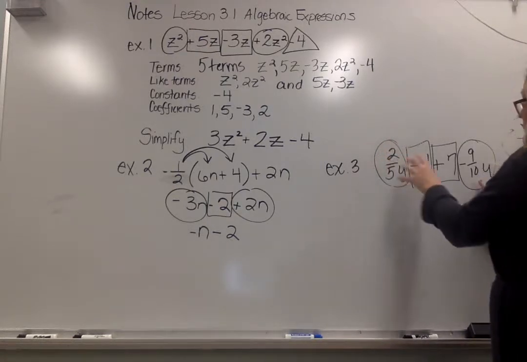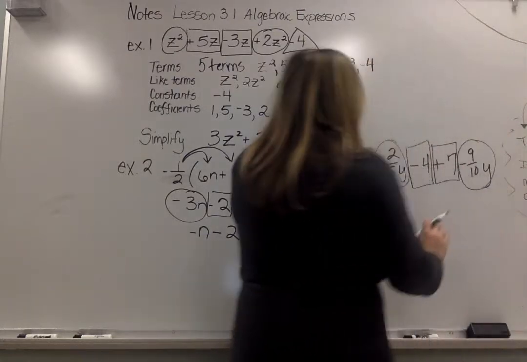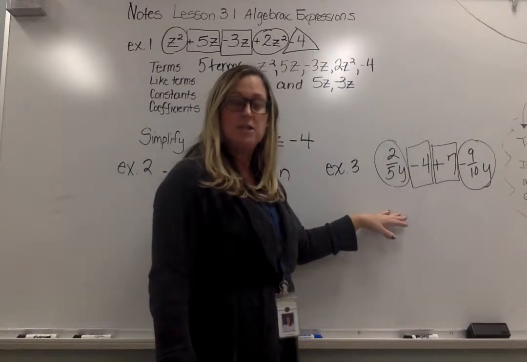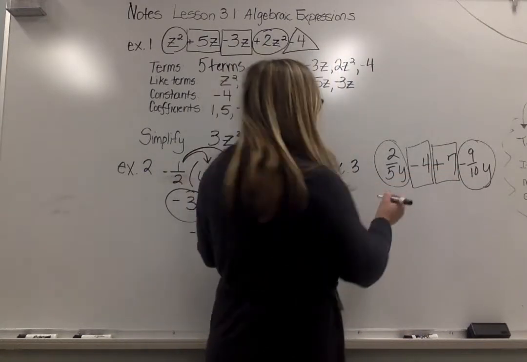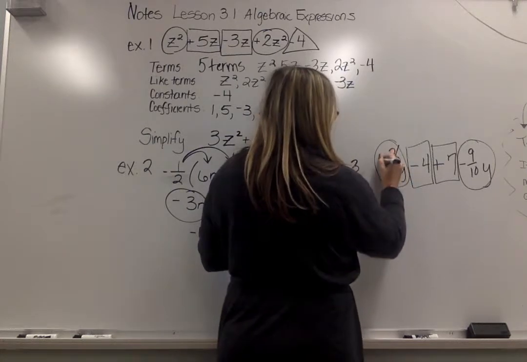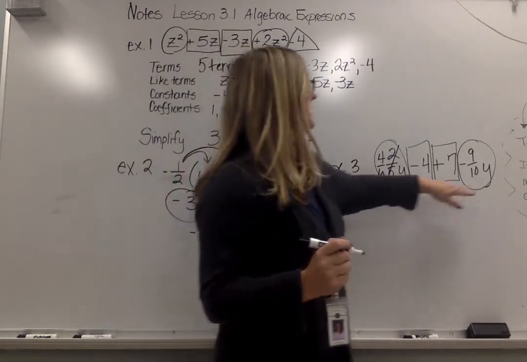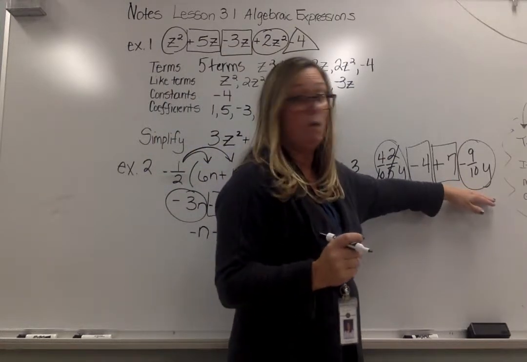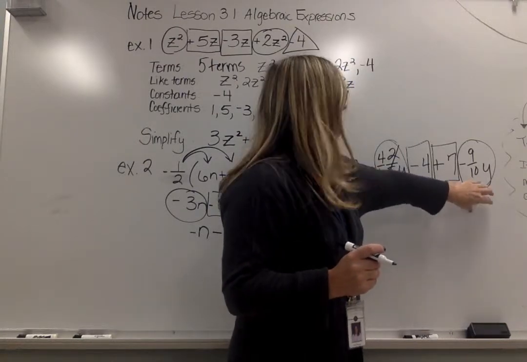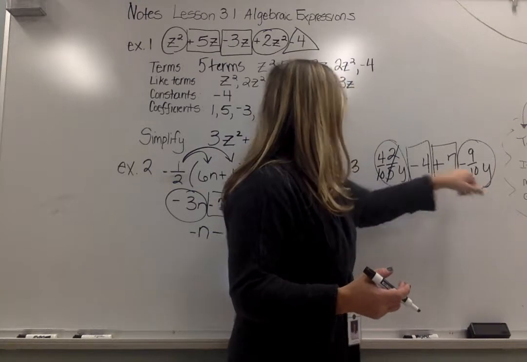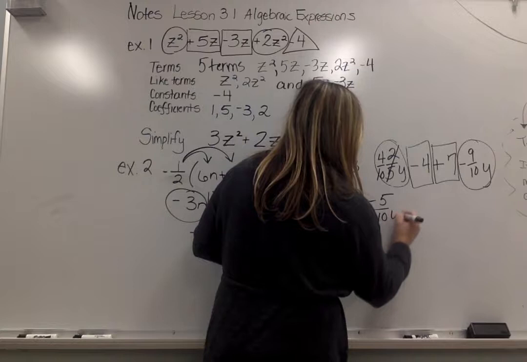I have some positive y's and some negative y's, so therefore I need to subtract them. When I subtract fractions, I need common denominators. So I'm going to find a common denominator. It's going to be 10. So I'm going to get rid of 2/5 and make it 4/10. So now I have positive 4/10 y's and I have negative 9/10 of a y. Negative 9/10 is going to be negative because I have more negatives, but I'm also going to subtract. 9/10 minus 4/10 is negative 5/10 y.